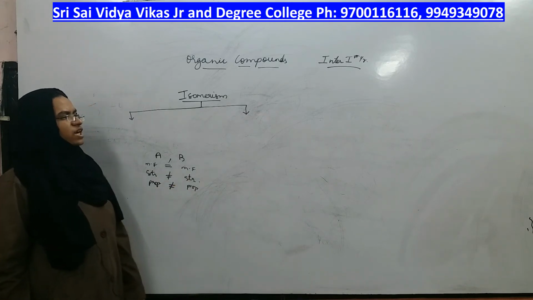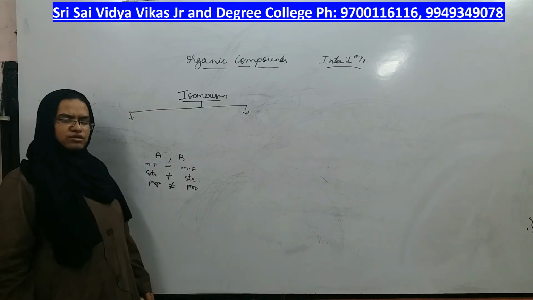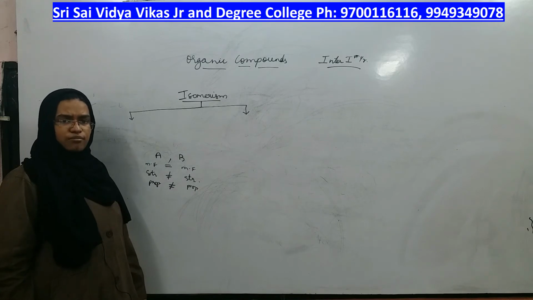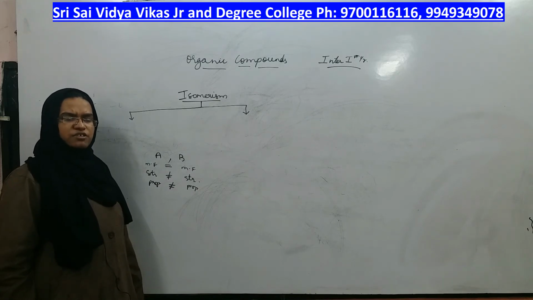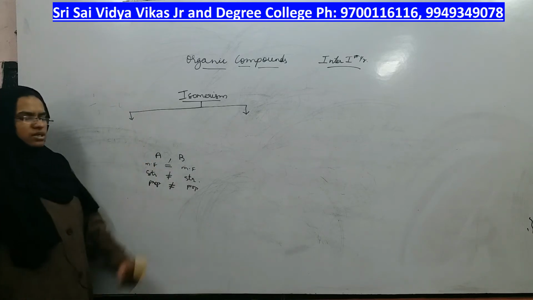Now I will define isomers in this way. If two organic compounds have the same molecular formula but different structure, those are called isomers of one another, and the phenomenon or the condition is called isomerism.